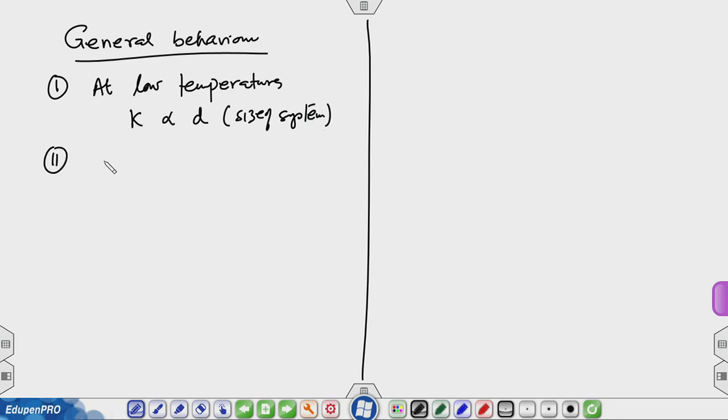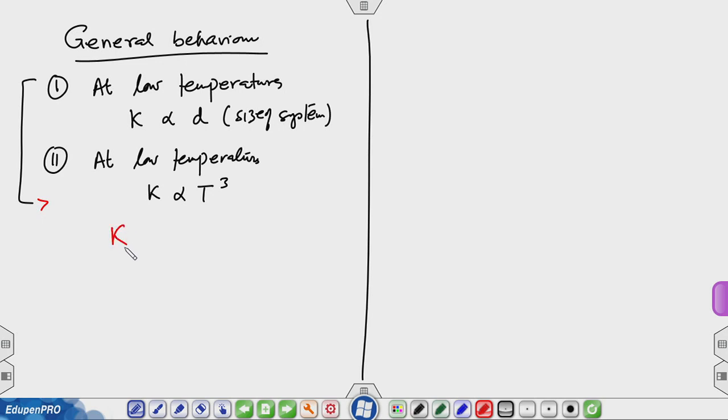Two, at low temperatures, kappa is proportional to T cubed. So, you can say by combining these two, we can say that the thermal conductivity goes as T cube D for T tending to 0.